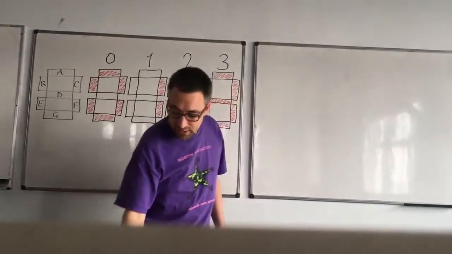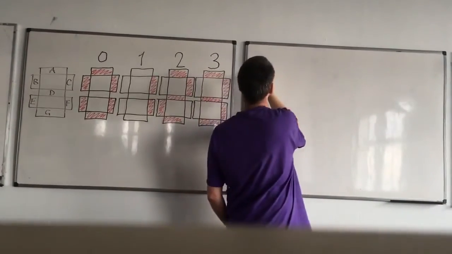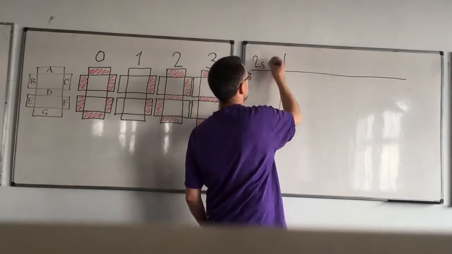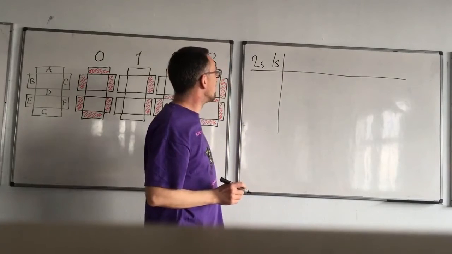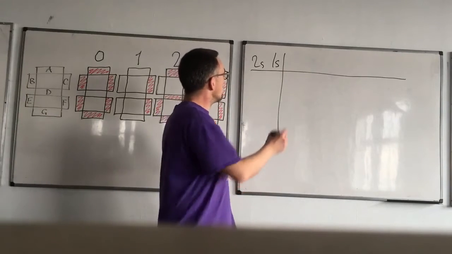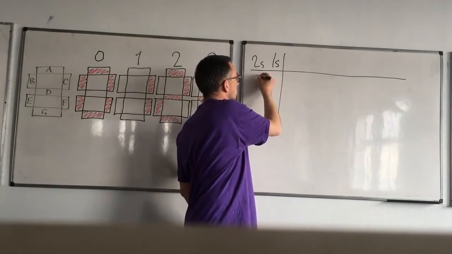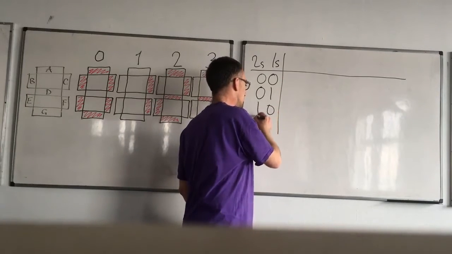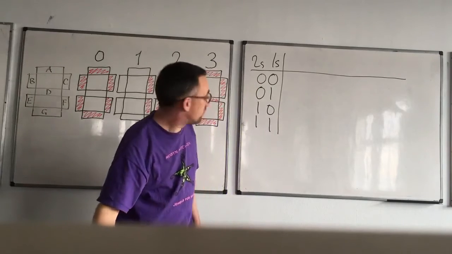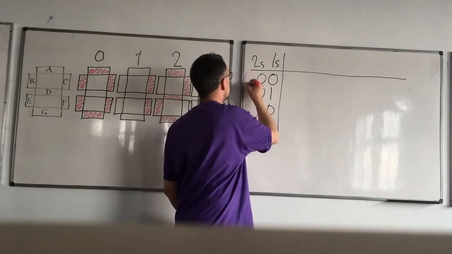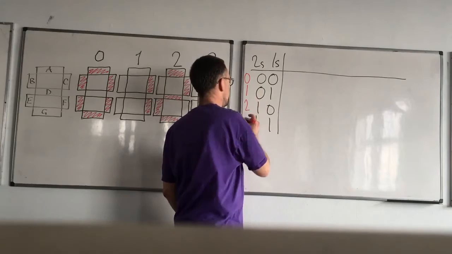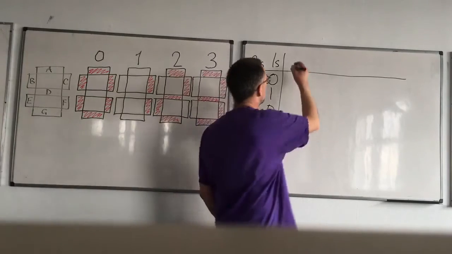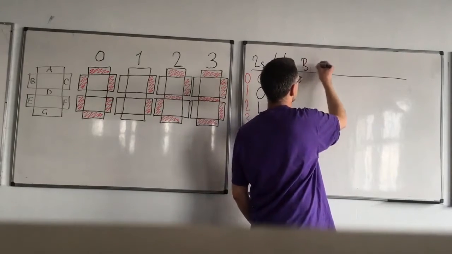We are going to need to build a bunch of circuits which take the 2's and the 1's of a 2-bit binary number, and that's going to be all possibilities: 0 0, 0 1, 1 0 and 1 1, and they really represent 0, 1, 2 and 3. Then we have to explain which bit patterns are going to come out.